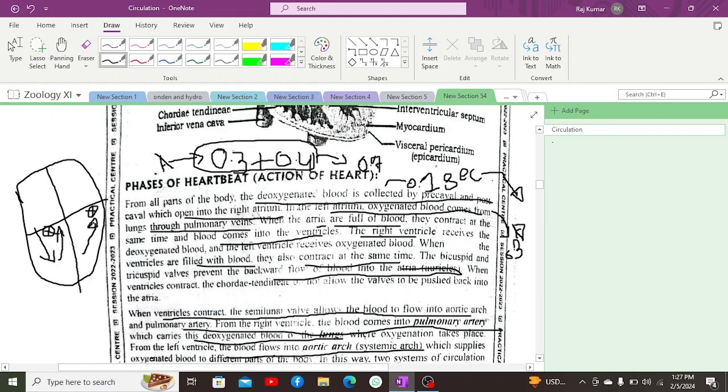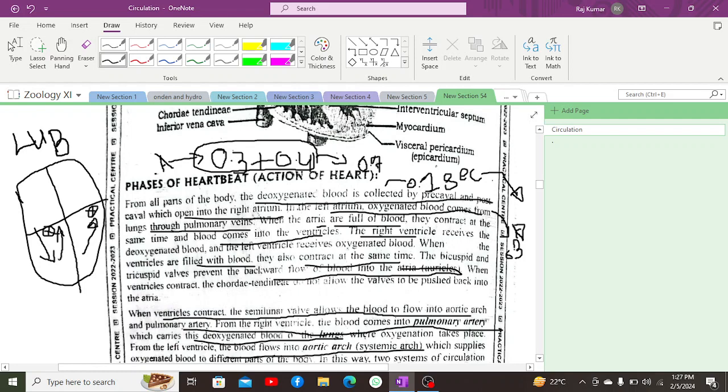This closing of valves, due to which the blood is thrust over the tricuspid and bicuspid valves, produces a sound which is known as the first heart sound, lub, which is due to the ventricular contraction.